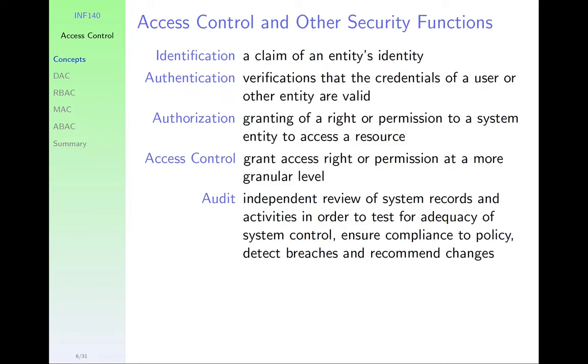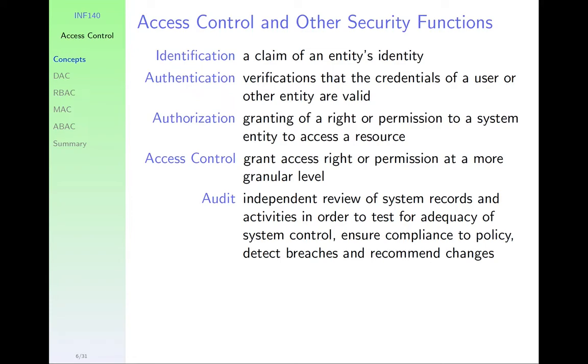How can we do this? Then we need an extra measure, which is called audit. It's an independent review of the system and its activities in order to test whether the system is under good control, or to ensure the entity complies with the policy that is already in the system.